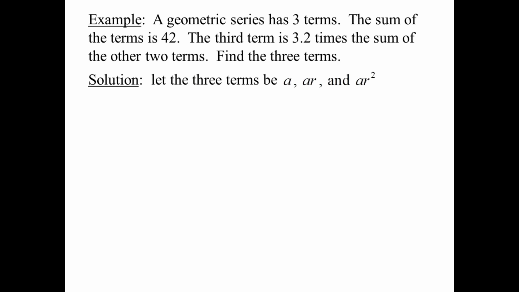Now let's translate the 2 sentences into equations. The third term is 3.2 times the sum of the other 2. That becomes this. And the other sentence, the sum of the terms is 42.